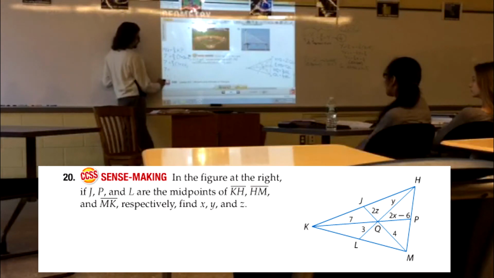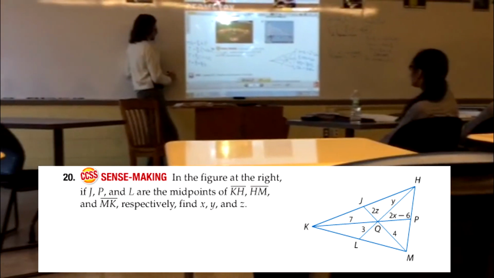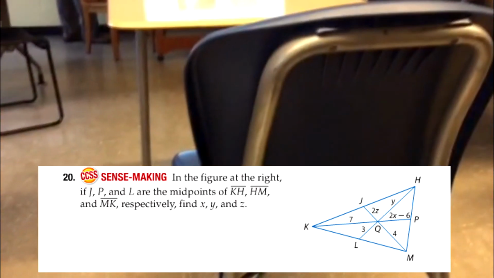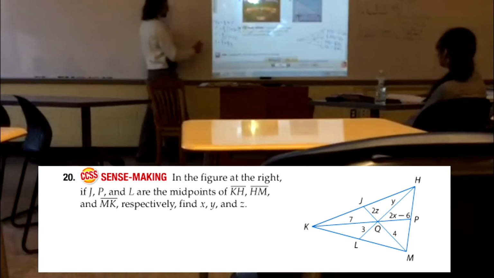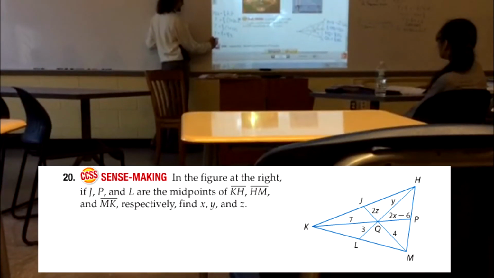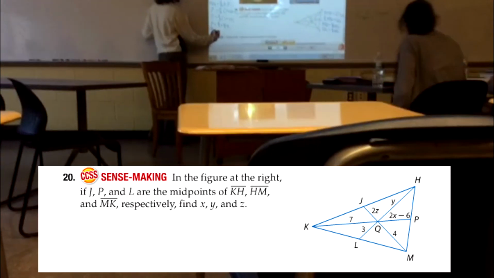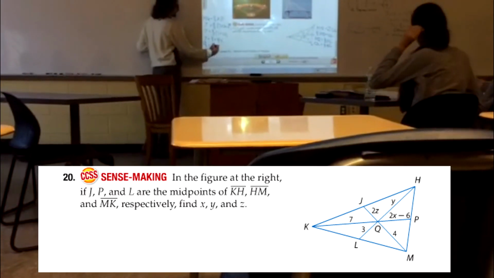Here's the whole thing. We get 2/3 plus 4/3 x. 7 is the same as 21/3, so subtract 2 from 21, we get 19/3 is 4/3 x.